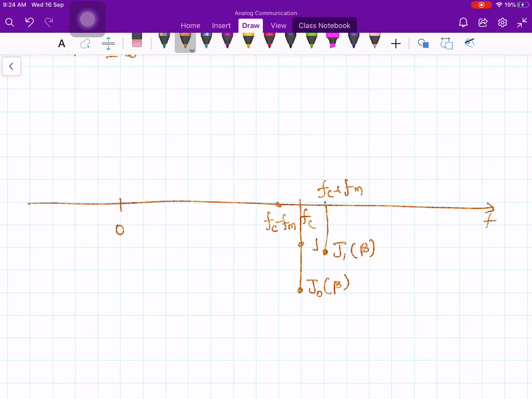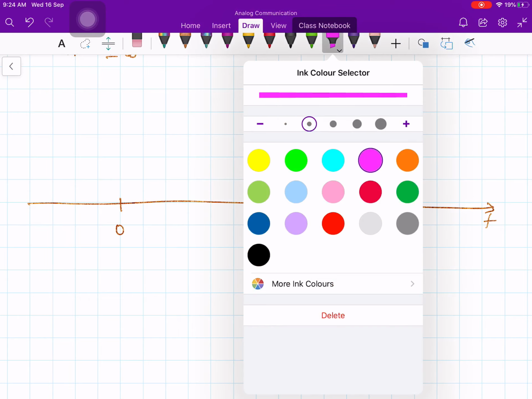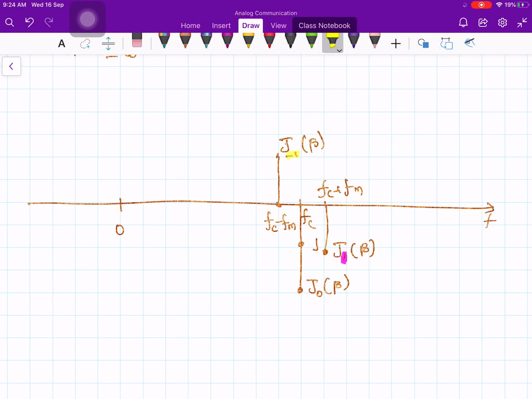The coefficient is J_{-1}(β). Why are they opposite each other? Because they are odd functions at odd values. Please recall the properties of Bessel functions: J_1(β) is equal to minus J_{-1}(β). That is why it is coming like this.